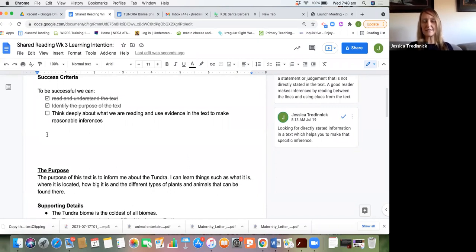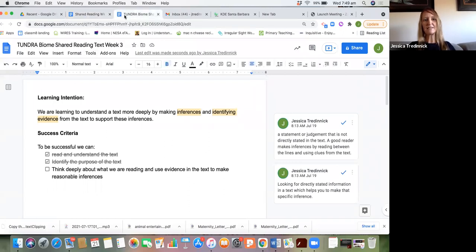I can use this text to give me information. I wouldn't use a persuasive text necessarily to write an information report, because that's not the purpose of the text. That text would actually try and sway me one way or another, whereas I need facts. I need specific details and facts about my area with no opinion in it.